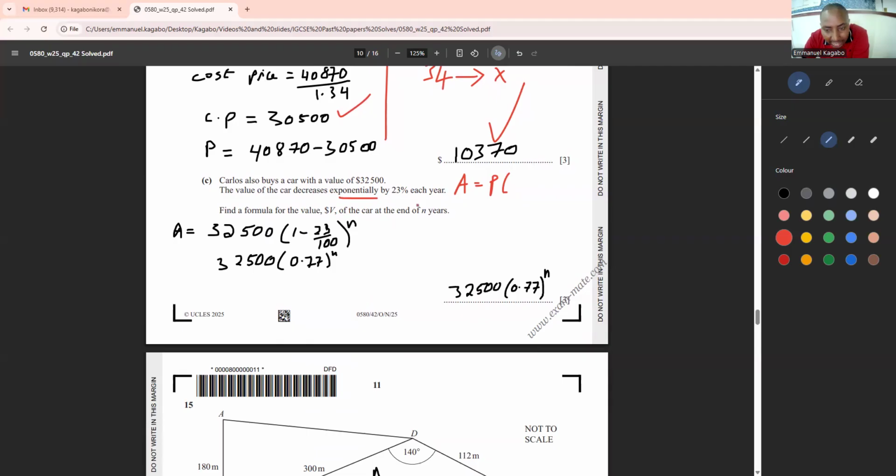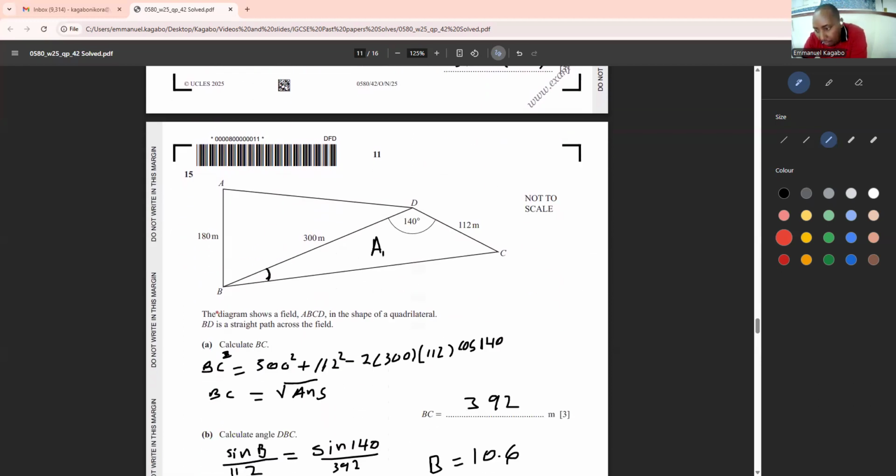But here it's decreasing, so instead of having 1 plus, I will do minus, the compound interest formula of R over 100, to the power n. All together, guys, I hope you understand that. When you substitute there and simplify, that will be the general formula. You work this out in your calculator, and that's the formula. Question 15.